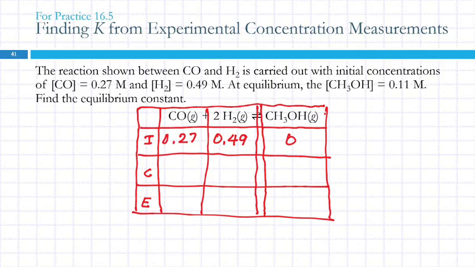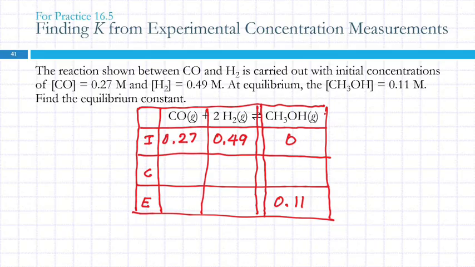And then they give us the equilibrium concentration of this product, 0.11. So I'm going to put that in there. Okay. ICE table, you got ICE, initial change equilibrium. These types of problems, they're going to give you some initial concentrations. They'll give you one equilibrium concentration. And use the reactants and products as the tops of the columns.